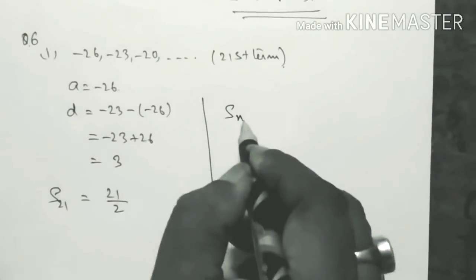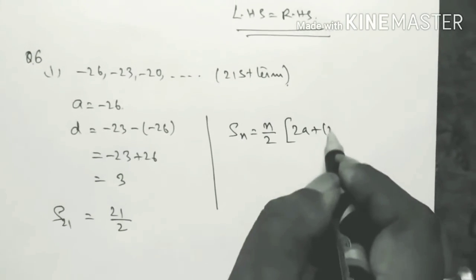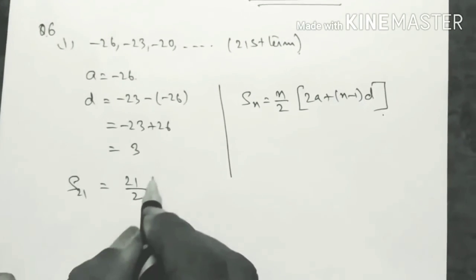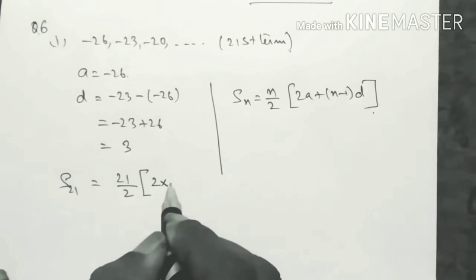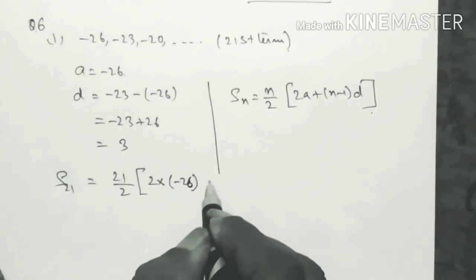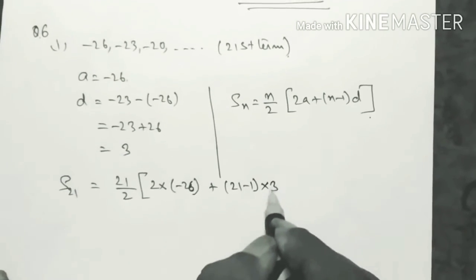Now as n is 21, I am writing the formula of Sn, that is equal to n by 2 into 2A plus n minus 1 into D. So 21 by 2 into 2 times minus 26 plus 21 minus 1 into 3.